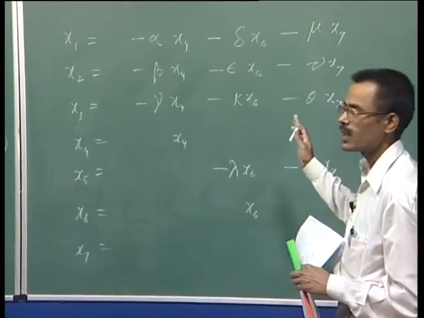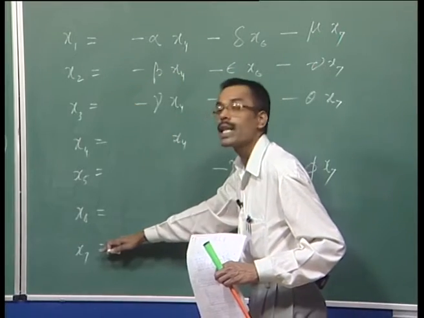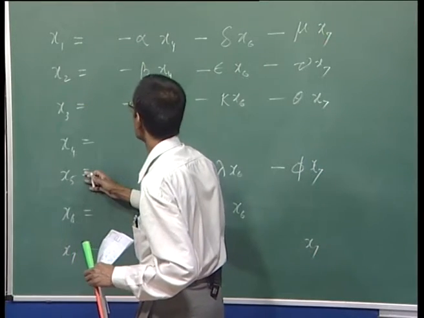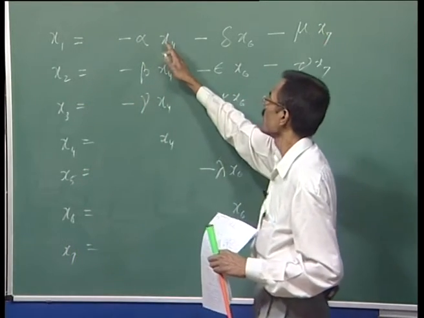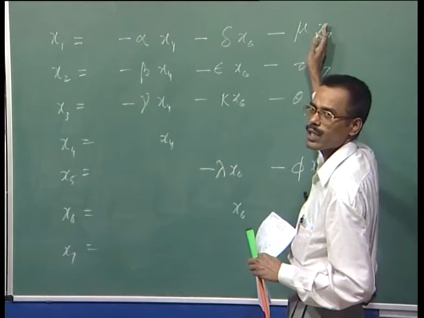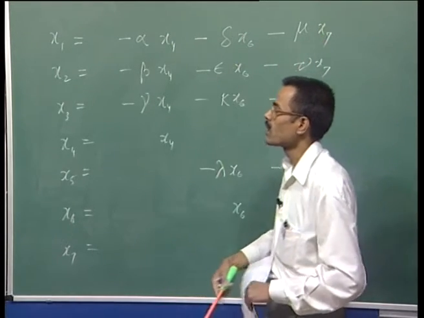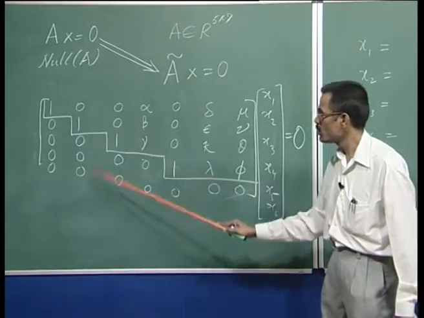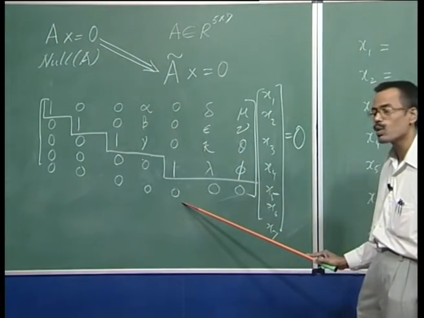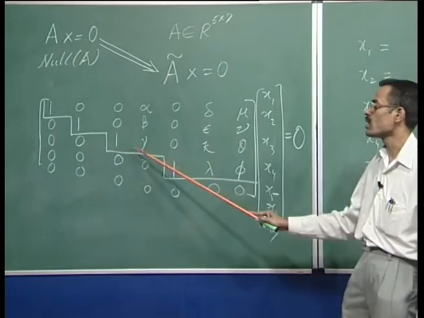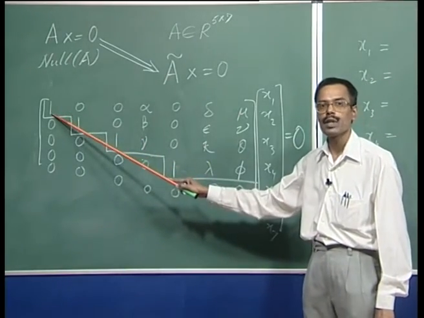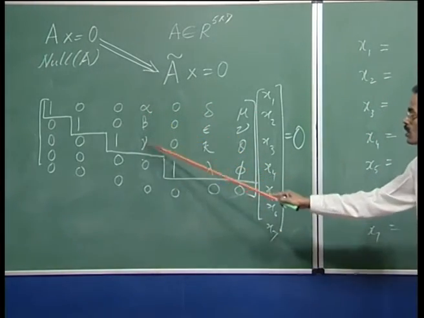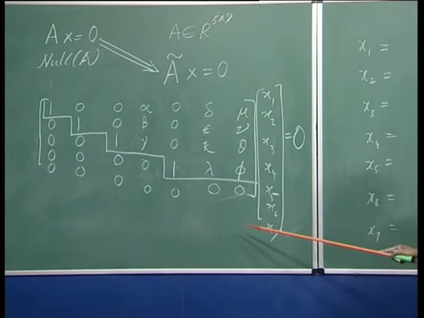What do you notice here? All the variables, in particular variables x1, x2, x3 and x5 have been expressed in terms of three variables x4, x6 and x7. That means that the variables x1, x2, x3 and x5, those with a leading one in the corresponding column, have been expressed in terms of those variables, the corresponding columns of which do not have a leading one.